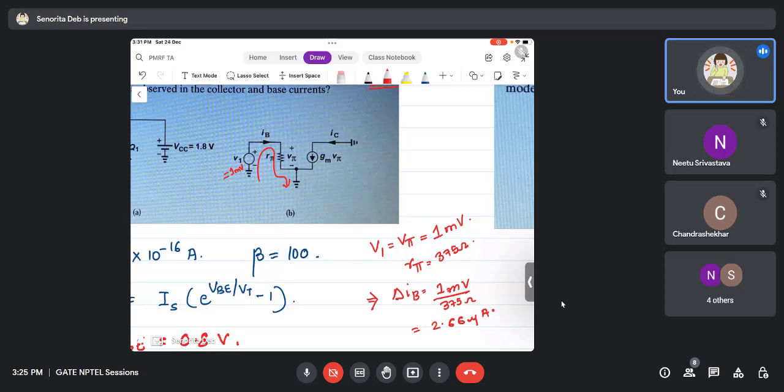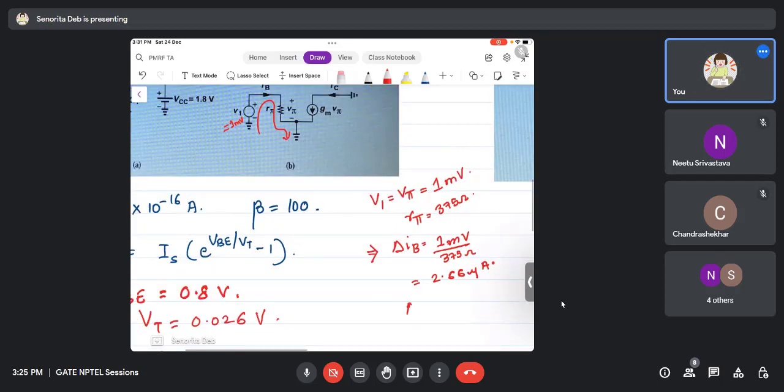And since you know beta, then you know IC, so beta is equal to IC, which is beta into 2.66 microampere. Beta is 100, so 266 microampere.